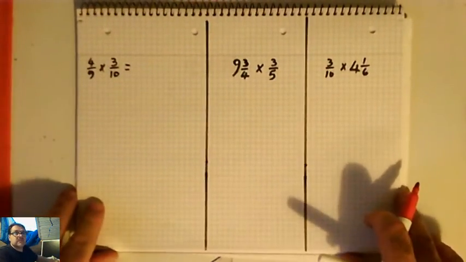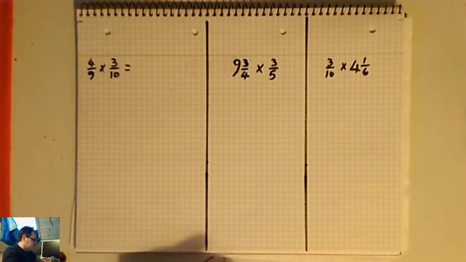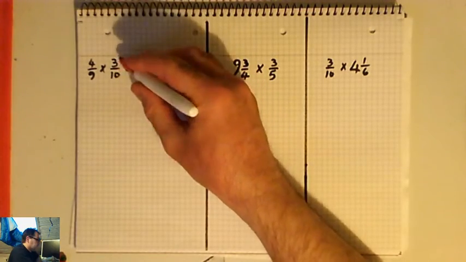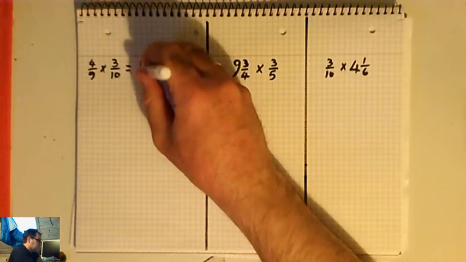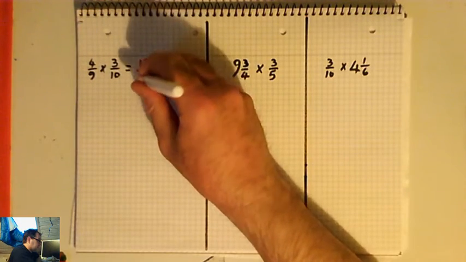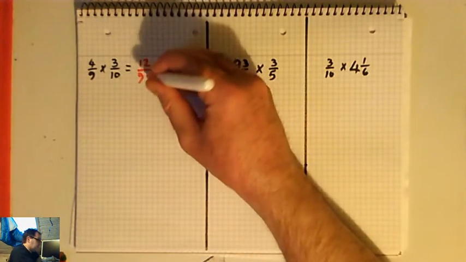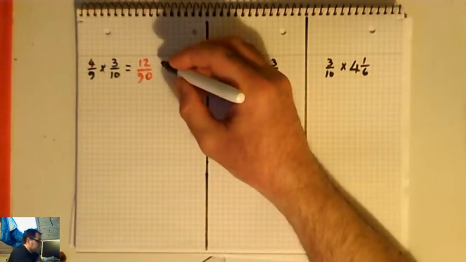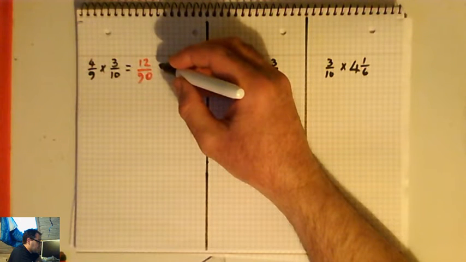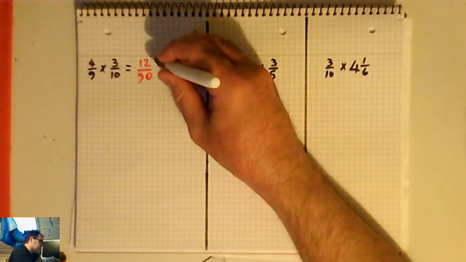Okay, next one. So 4/9 times 3/10. 4 times 3 on the top is 12. 9 times 10 on the bottom is 90. So I've got 12/90ths, but that can be reduced. I can certainly divide top and bottom by 3, and thinking about it I can go further than that.